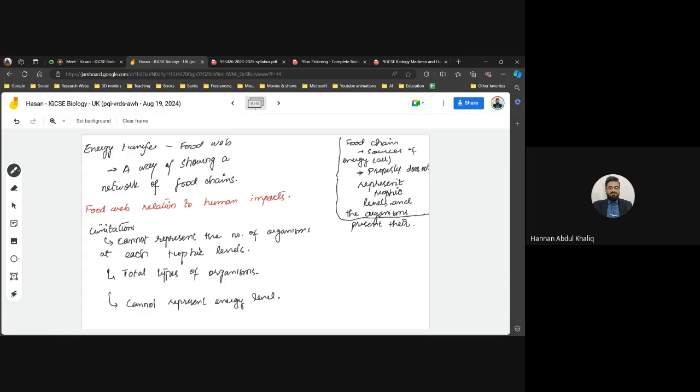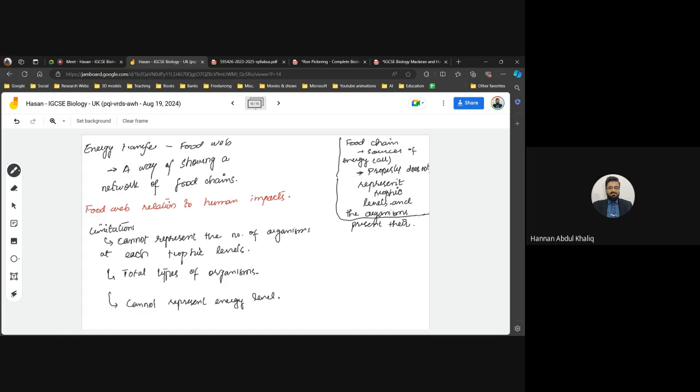No doubt, we integrated the energy concept into the food chain, but remember, that was only my way of explaining it. In reality, you cannot represent the energy in the food chain or food web.